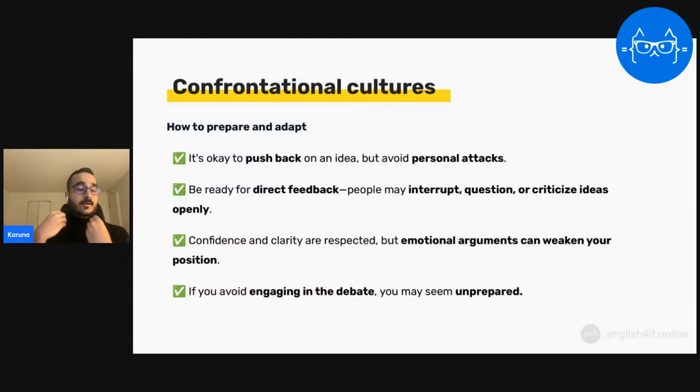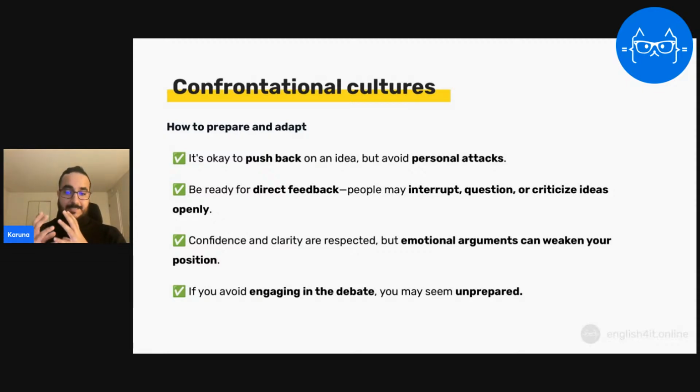You should be ready to receive direct feedback, right? People are more likely to interrupt, to question, or to give constructive and even sometimes not so constructive criticism on your ideas openly. Confidence and clarity are respected, but emotional arguments weaken your position, right?